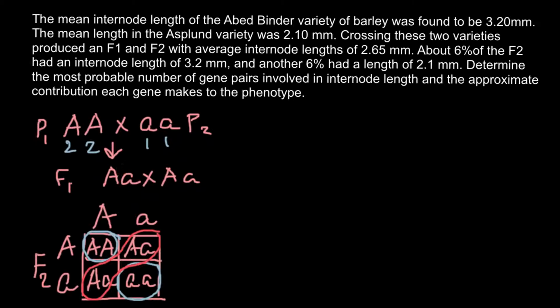And in the F1 generation we would have 2 plus 1. So this would be an intermediate 3 centimeters, and if we self-pollinate we would have a distribution as follows.